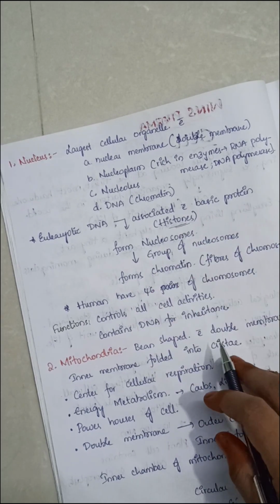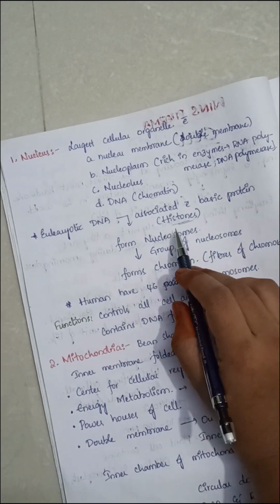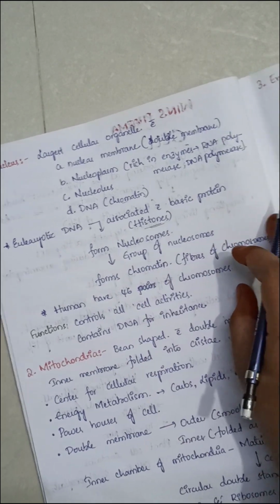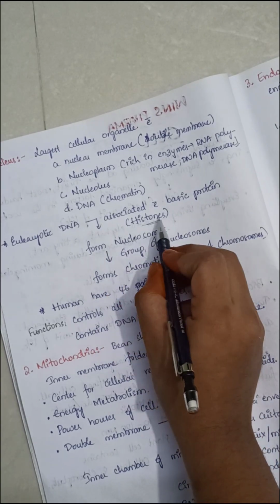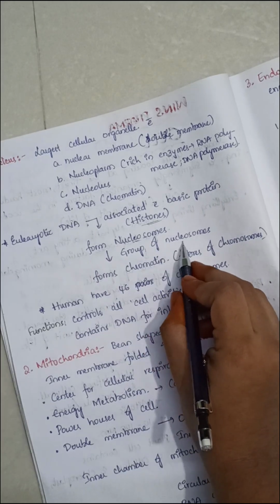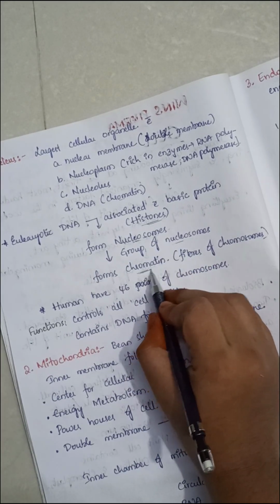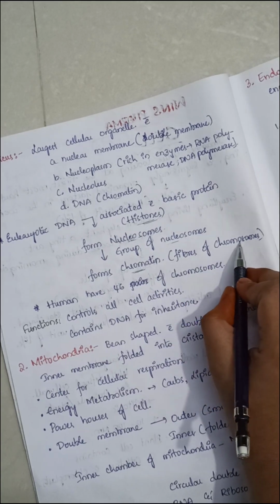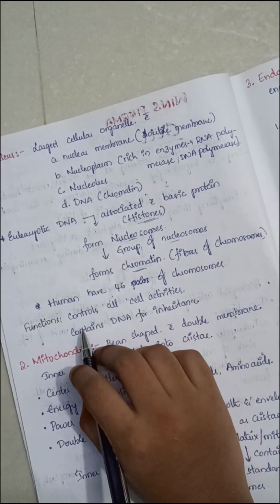Groups of histones form nucleosomes, and groups of nucleosomes form chromatin. What is chromatin? Fibers of chromosomes. Humans have 46 chromosomes in our body.